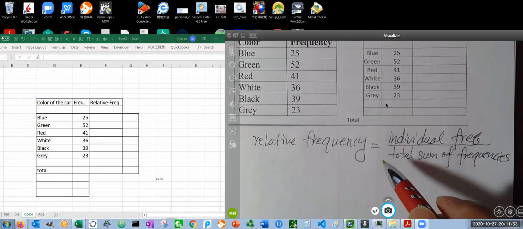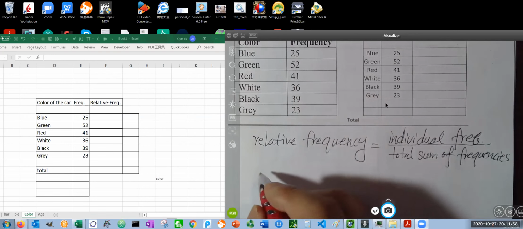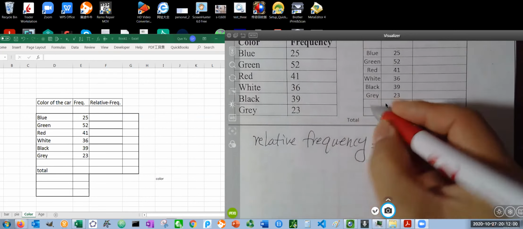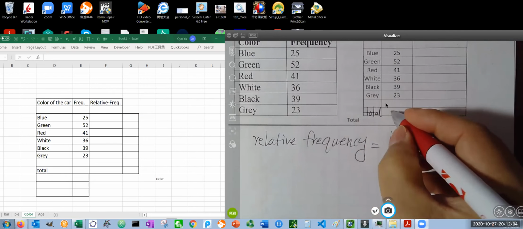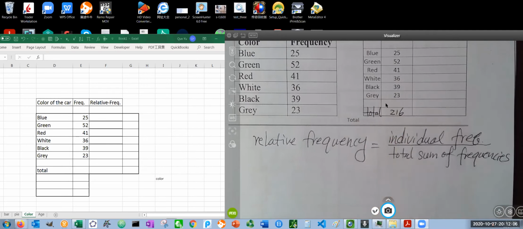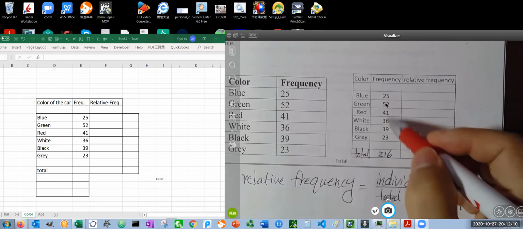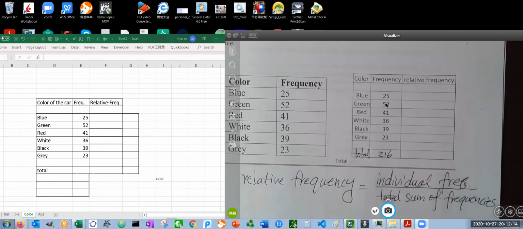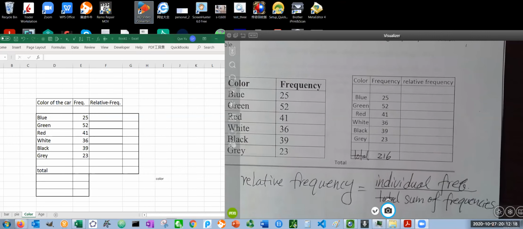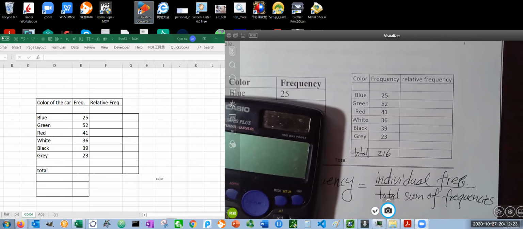When you calculate percent, you always use number divided by total, right? So total frequency, we already did that. We already added together. This is 216. Now, how do we do the relative frequency? Use each of these numbers one by one, divided by 216. And for demonstration purposes, I'm going to keep 3 decimal digits for the relative frequency. When you do your homework, make sure you read the requirement.